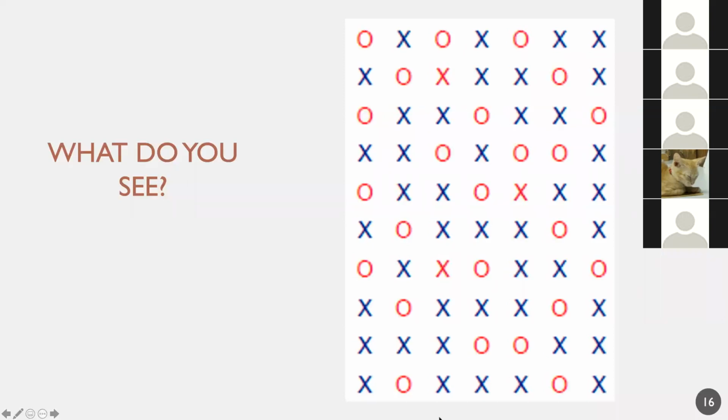But for this one, how many red X? Some people say 3. A lot of people say 3. Yeah, but it took quite a while to count it compared to the previous one.